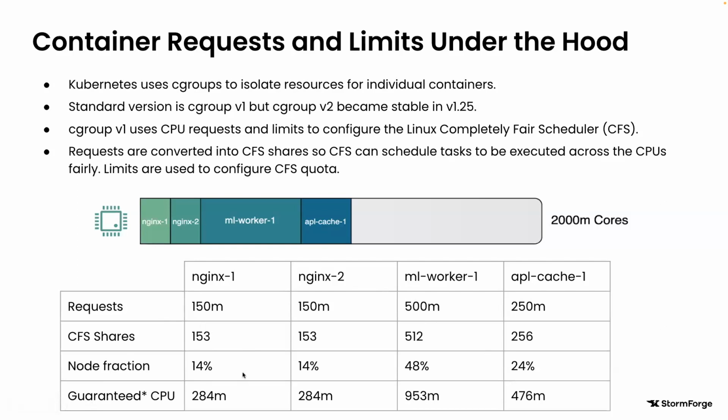And then the leftover space is shared out equally between everyone, which is why you get almost double the requests for every workload.